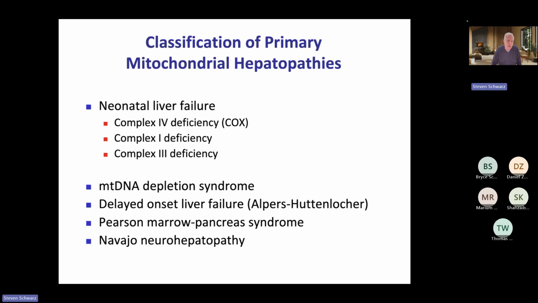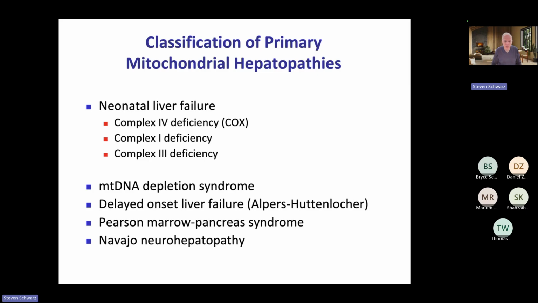Then there is the mitochondrial depletion syndrome, which includes the patients with delayed onset liver failure or Alpers-Huttenlocher. The delayed liver failure in the Alpers patients is often the consequence of giving them valproate because these patients have seizures. And if they have seizures and their diagnosis hasn't been confirmed, that may lead invariably to liver failure.